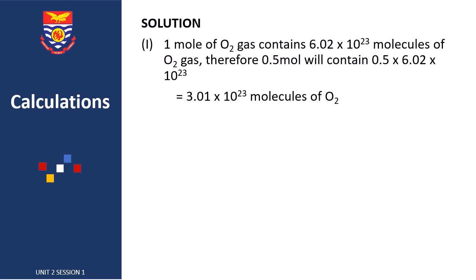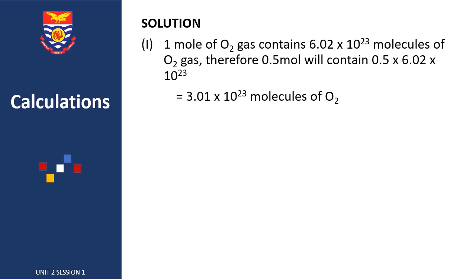So if 1 mole is equal to that number, then how many molecules will 0.5 mole contain? When we do this, we just multiply the 0.5 by the 6.022 times 10 to the power 23 and divide by 1. That is going to give us a beautiful answer, which is 3.01 times 10 to the power 23 molecules of oxygen.